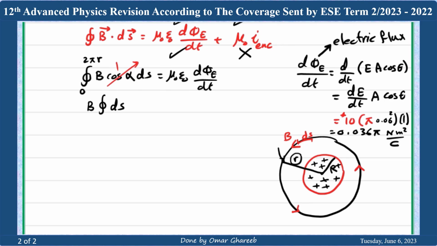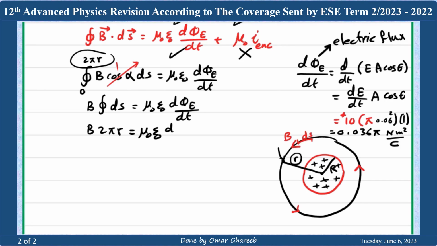So cosine 0 is 1, and B equals mu naught epsilon naught d phi E by dt. Now the integral of ds is s, which is 2 pi r, so B times 2 pi r equals mu naught epsilon naught d phi E by dt.